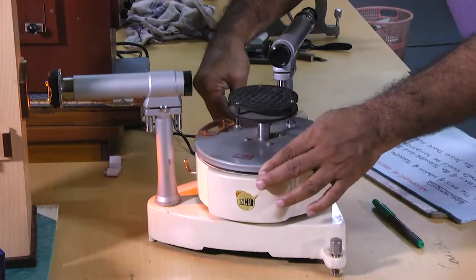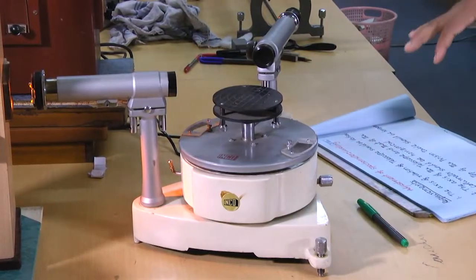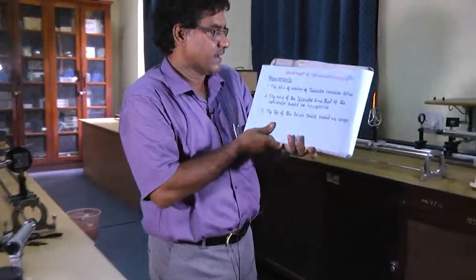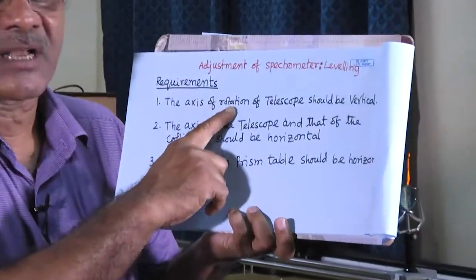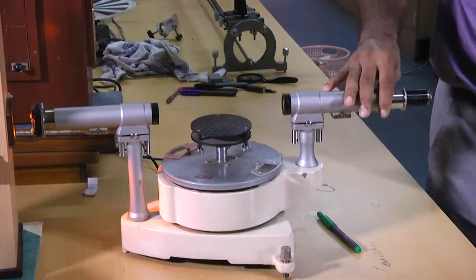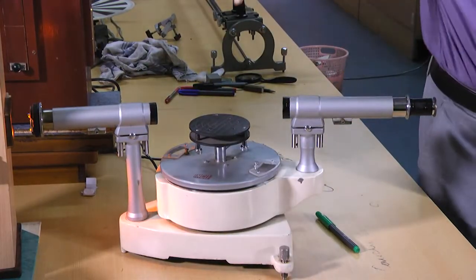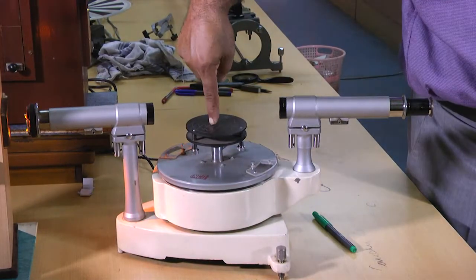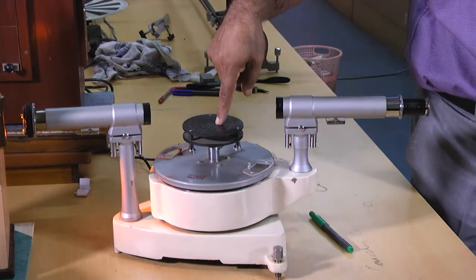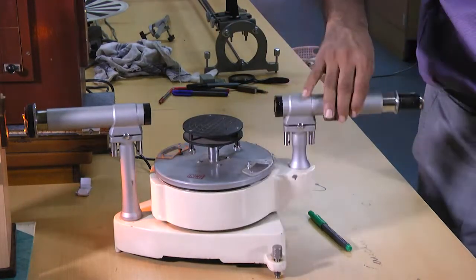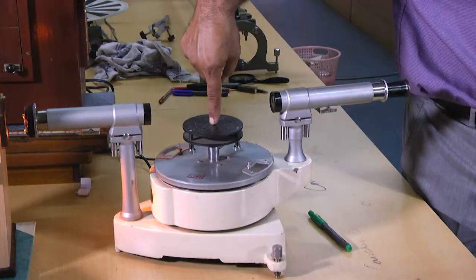For this rotation we need the axis of rotation of the telescope. This telescope is rotated, and the axis is this one. It should be vertical, so we have to make sure that the axis of rotation of the telescope is vertical.